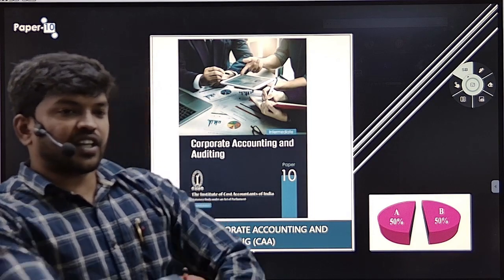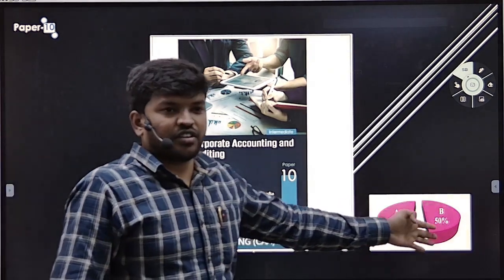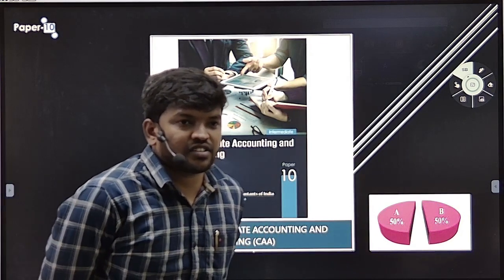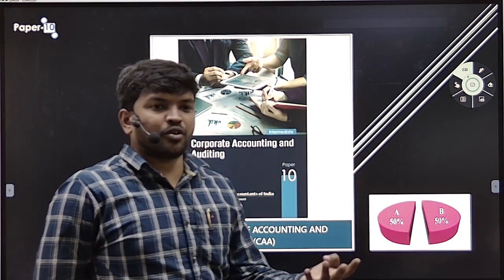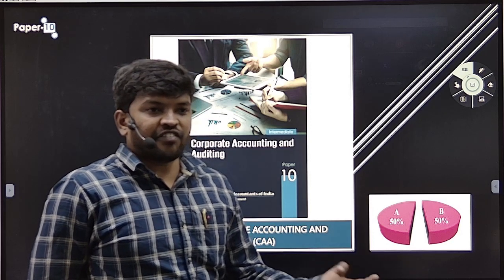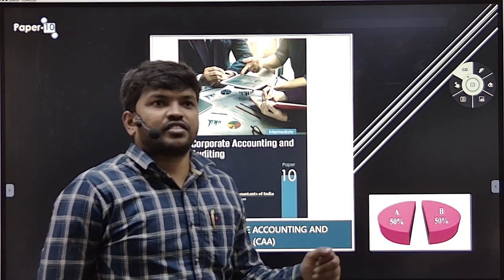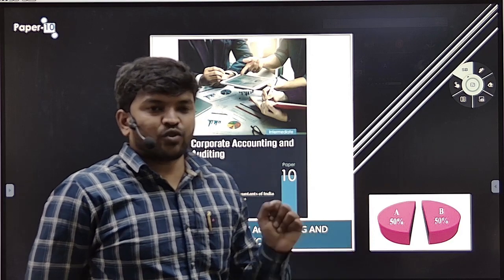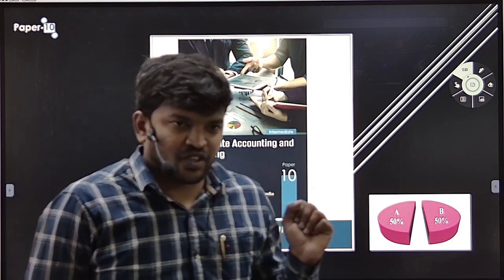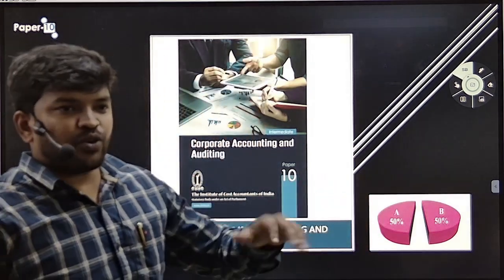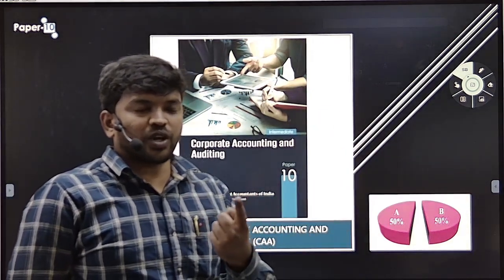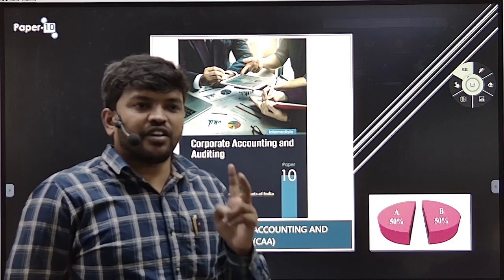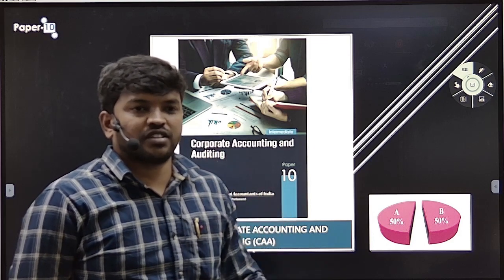So you can take a choice of 2 questions from the audit. Because you have to attempt how many questions? 5 questions out of 7. So you can attempt 4 from accounting and 1 question from auditing, leaving the rest of the 2 questions in auditing.